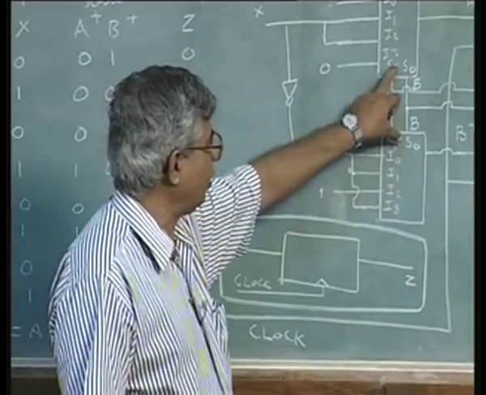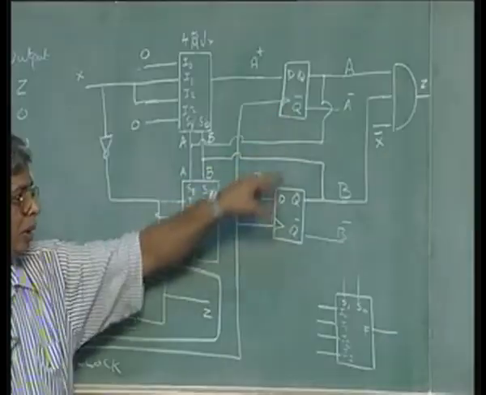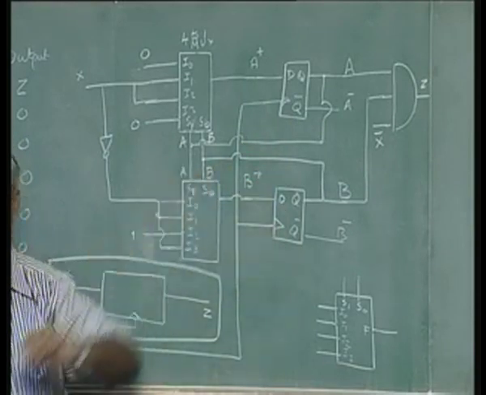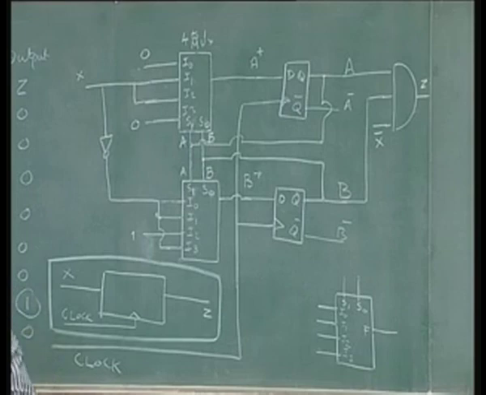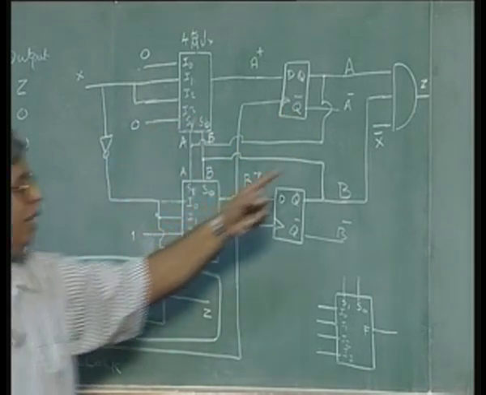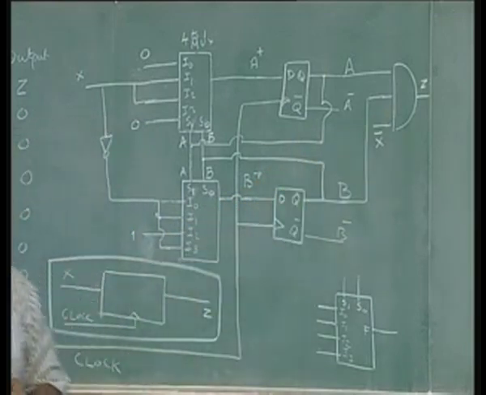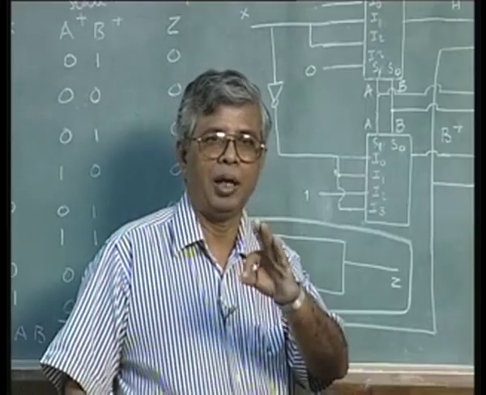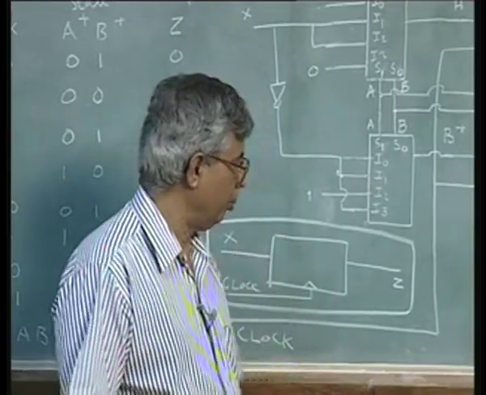So, we have one package for this, and if you want 2 separate flip flops, you can get 2 flip flops, otherwise you can have a dual flip flop also as a package. So, one package for this, one package for this, and one NAND gate, one AND gate, one inverter. That will be the part count for this problem.